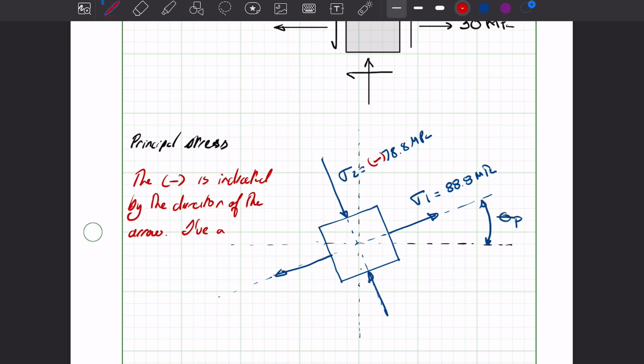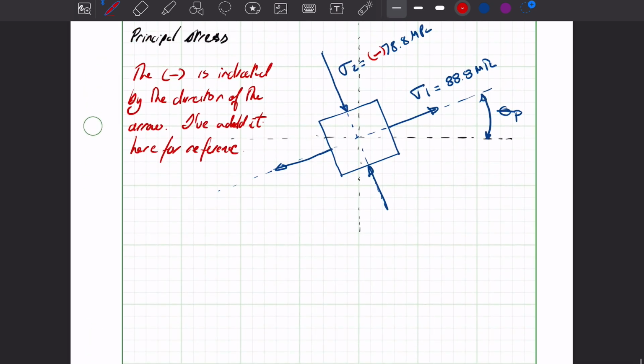I have added it here for reference. What does that mean? It means that if I draw my arrow going into the element, I don't draw the sign. If I were to draw it going out towards the outside, I would, just to maintain my sign convention. So do not include it as part of your answer if you were doing this.